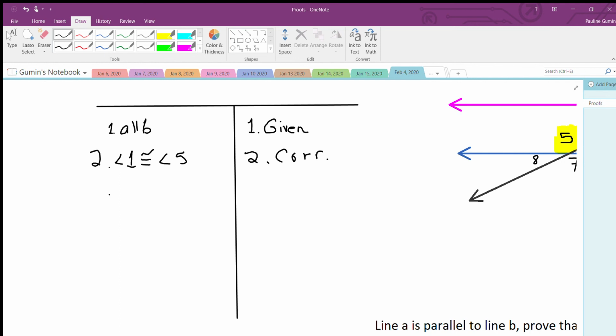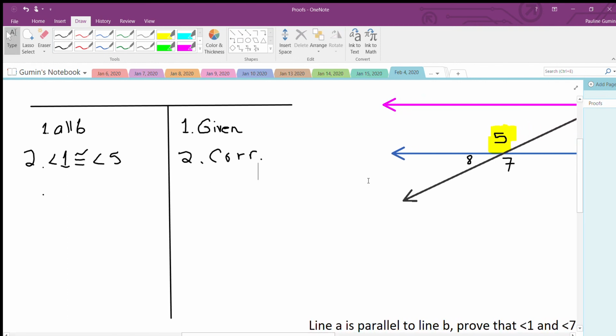Now that I connected 1 to 5, let's try to connect 5 to 8 because we need to get to angle 8. Now take a look at 5 and 8. How are they related? Well, 5 and 8 both sit on this black transversal. Two angles that make up a line are a linear pair, which means they're supplementary.